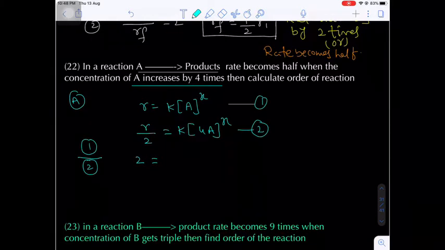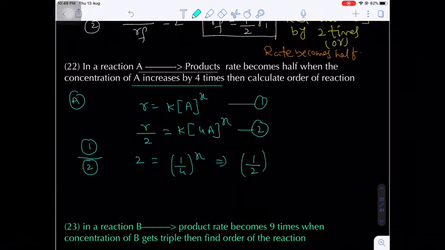Now K gets cancelled, so 1 by 4 to the power X. Now here, 2 I am writing as 1 by 2 to the power minus 1. Now 1 by 4, shall I write 1 by 2 whole square to the power X, so I am writing 1 by 2 to the power 2X.